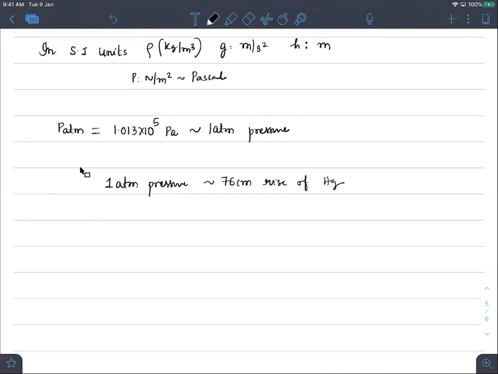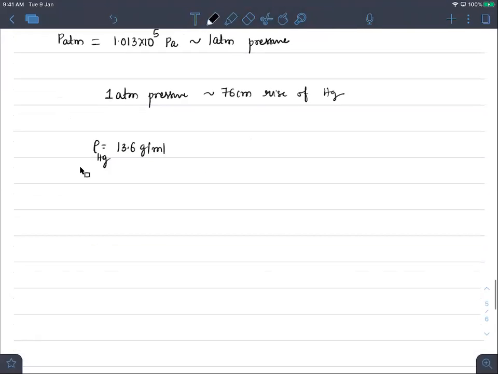In here, the density of mercury is 13.6 gram per ml. This is the density of mercury. So in this case, we will get this certain pressure. Okay. The question that would be asked is, why are we only using mercury? The reason is its high density. Instead of mercury, if we take water, it will become a simple question now, correct? I can use that as a question here.